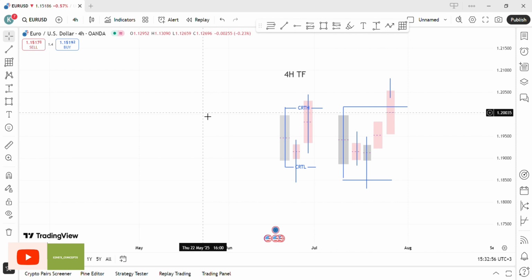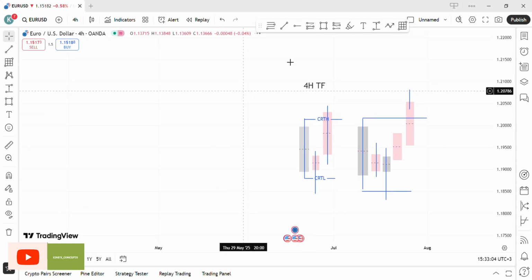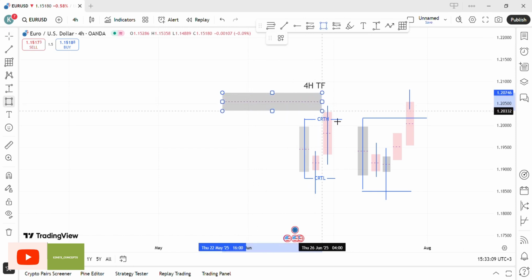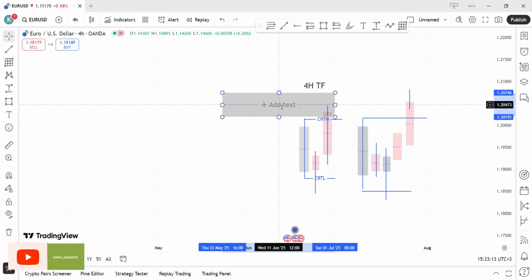But before waiting for liquidity sweep, once you mark your CRT highs and CRT lows, you check for a point of interest either above or below the CRT low. Assuming on the CRT high, above the CRT high, we are having a 4 hours fair value gap.